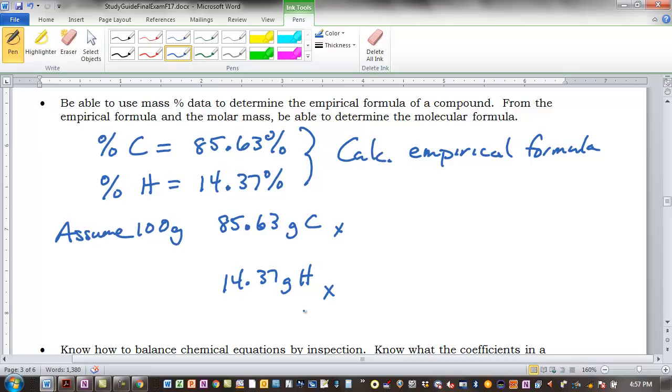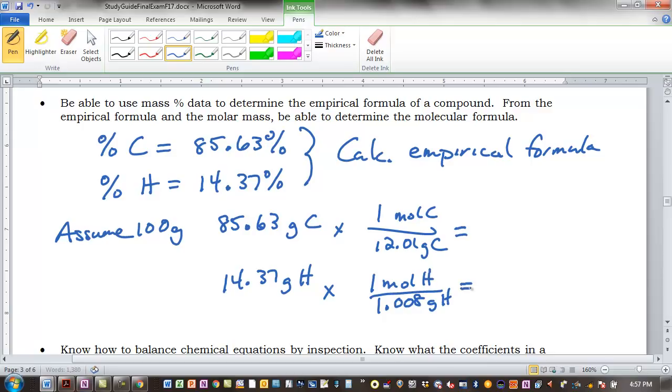So reading the subscript as moles, if we can convert these to moles, 1 mole of carbon is 12.01 grams. 1 mole of hydrogen, 1.008 grams. Read that right off the periodic table. Gives us 7.130 moles.